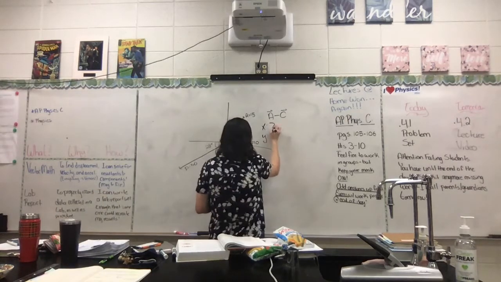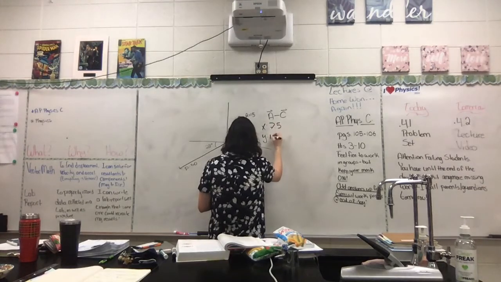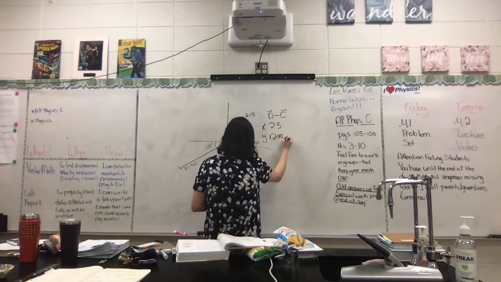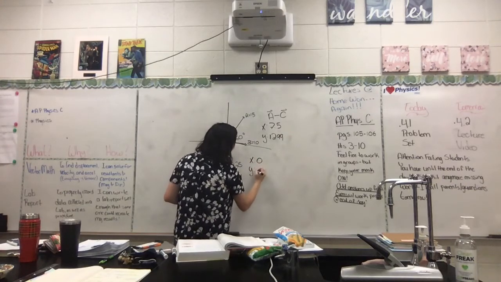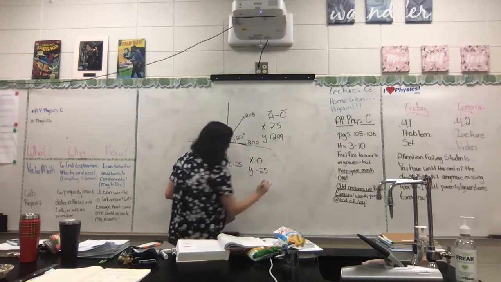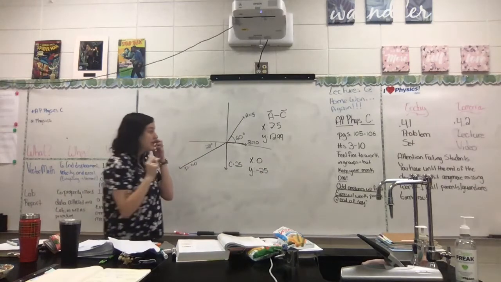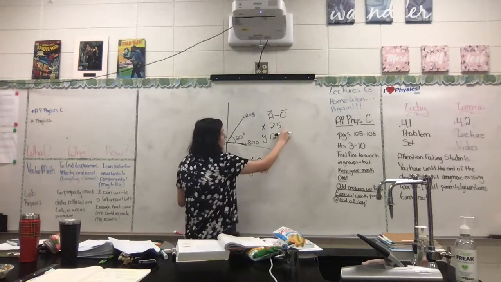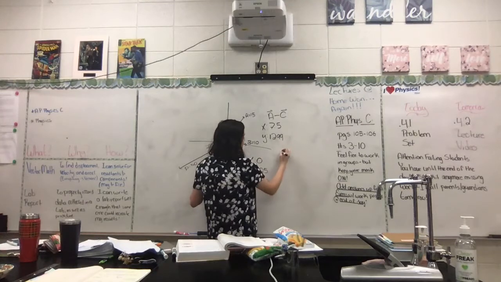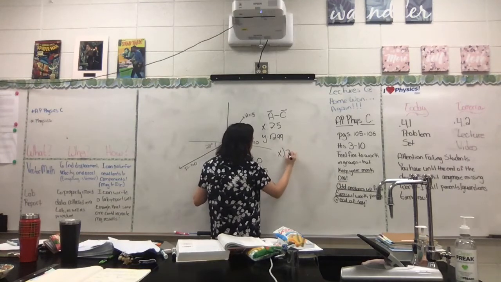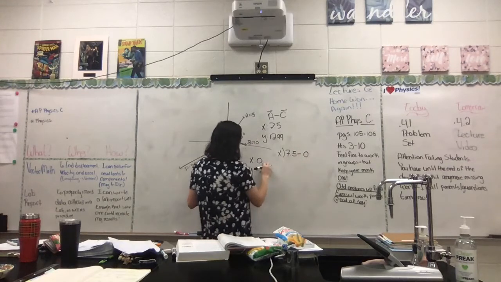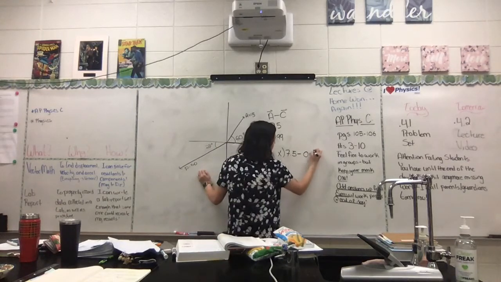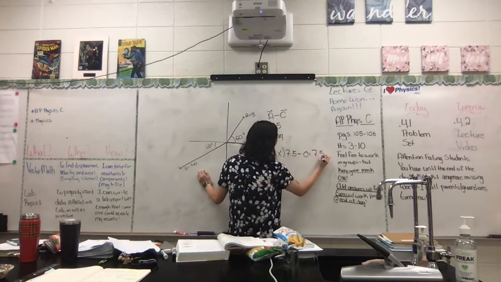X was 7.5 and y was 12.99. And we said that for C, x was 0 and y was negative 25. So if we're doing A minus C, our x components are going to be 7.5 minus the x component of C, which is 0, which will give us an x component of 7.5.